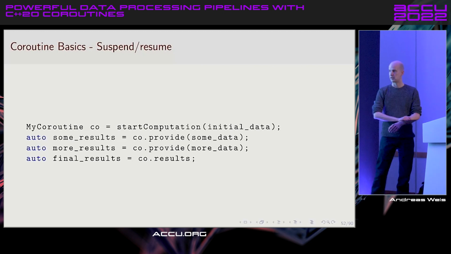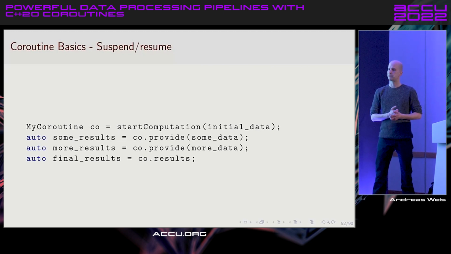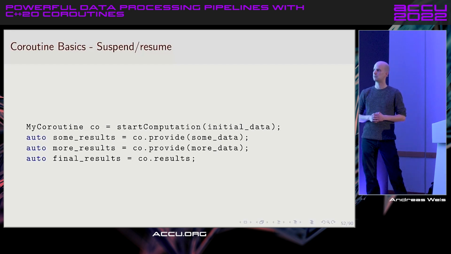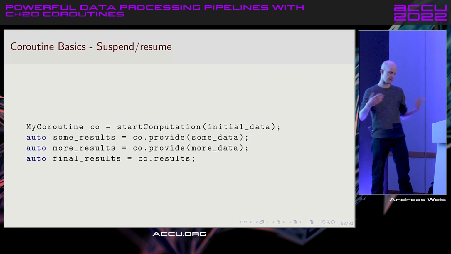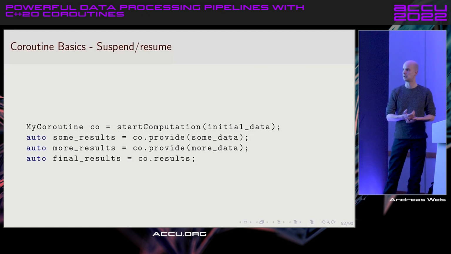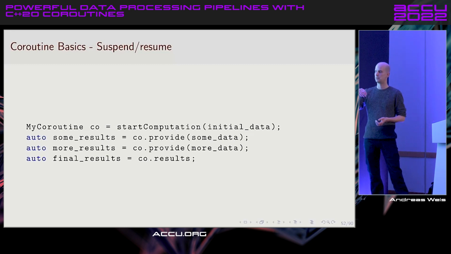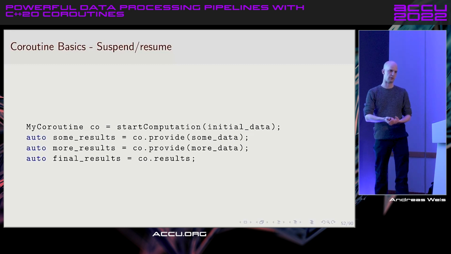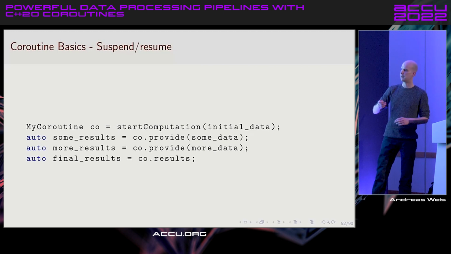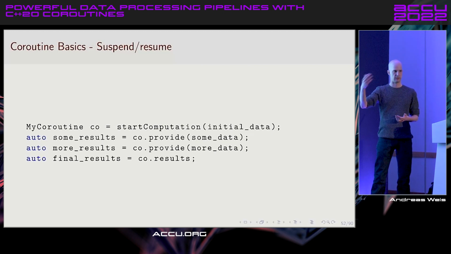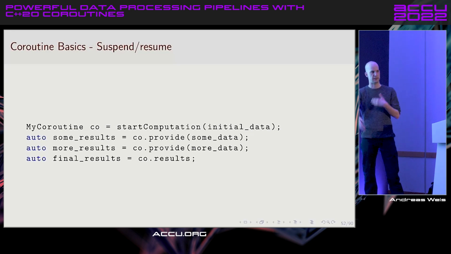The other use case that gets mentioned a lot with coroutines is suspend and resume. Examples for this are generator functions. The idea is that you start a computation, you get back a coroutine, and then you keep invoking the computation, potentially also providing it additional data with each invocation.